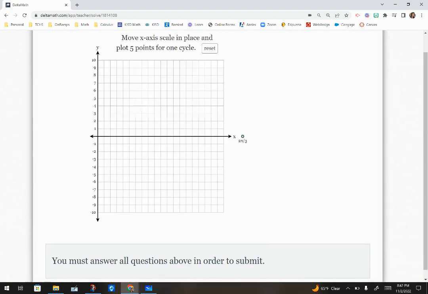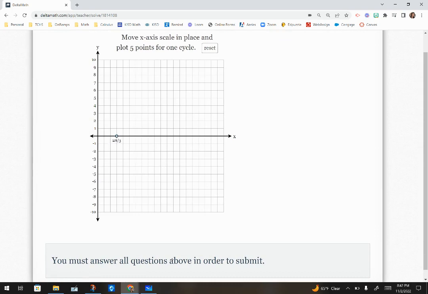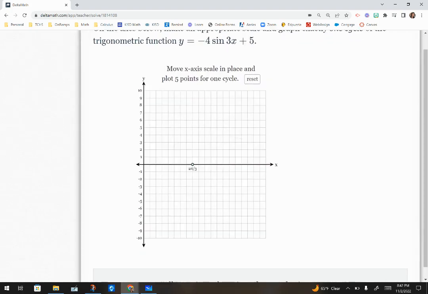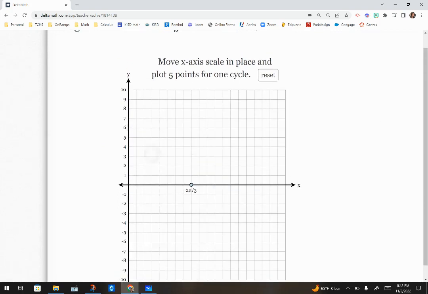Then let me make this a little bigger. I'm going to scoot this over 8 squares. 1, 2, 3, 4, 5, 6, 7, 8. And notice now our D value, our midline, is no longer 0. This time my midline is a 5. Okay, so what I need you to know is that the 5 line, midline, is what you are going to focus on.